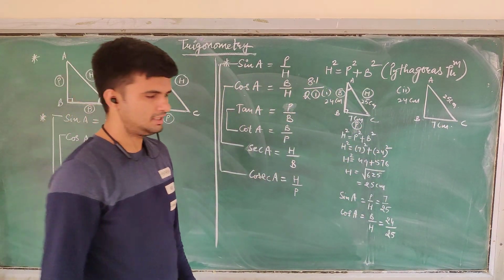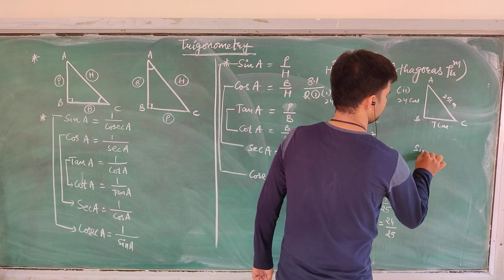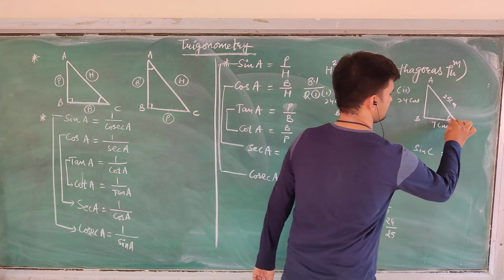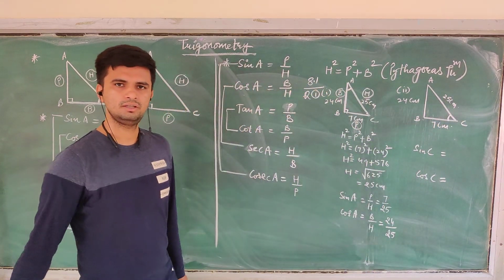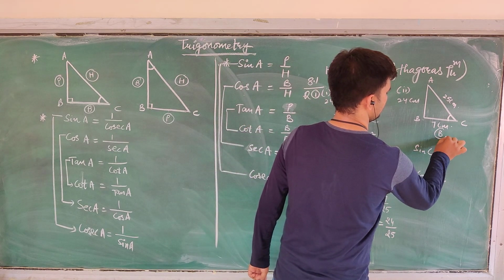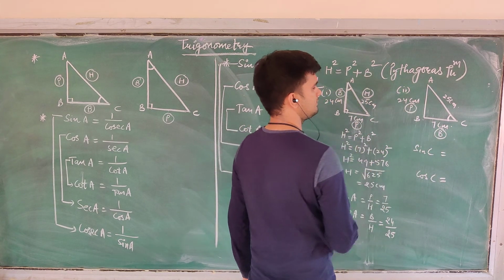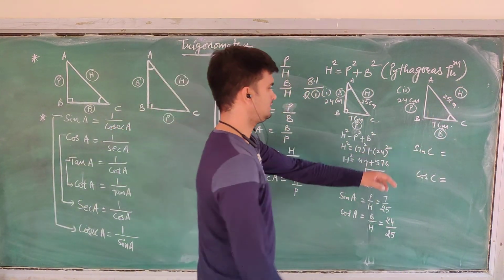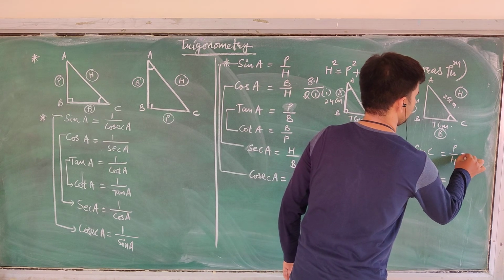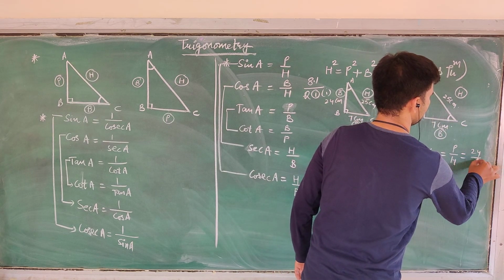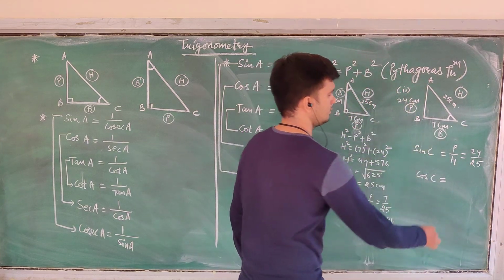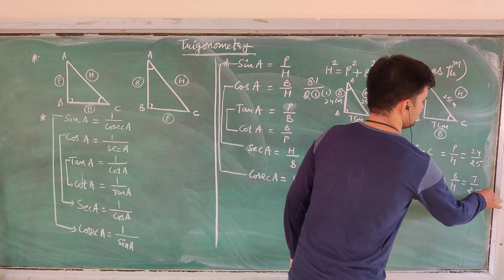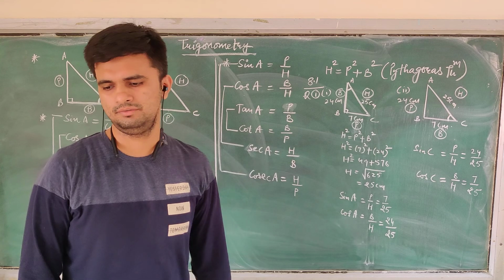Now in second part, they have asked find sin C and cos C. Now see, angle is at point C. So here base is BC, AB is perpendicular, and AC is hypotenuse. And sin C is same formula, P by H. P is here 24, H is 25. Cos C is B by H, 7 by 25. So this will be your answer.